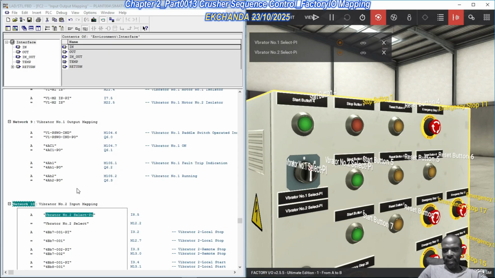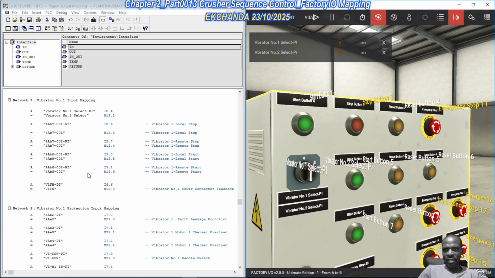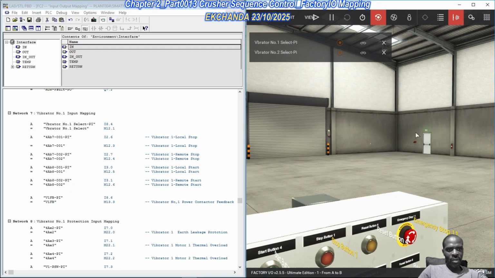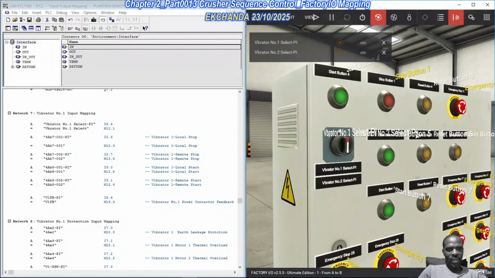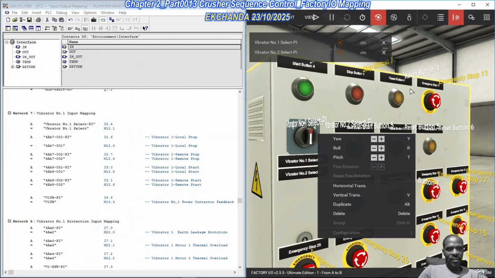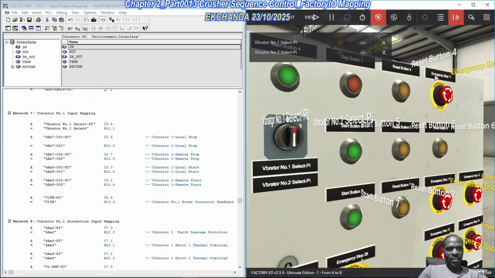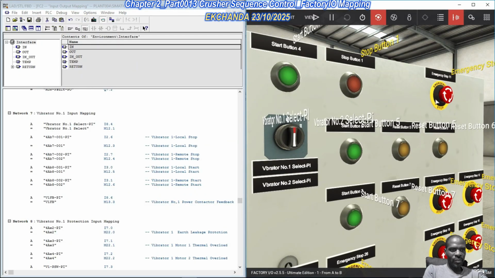Okay, and then thereafter we're talking about the local stop, remote stop, local start, remote start, okay, as normal inputs. So as inputs go on this panel for the vibrators, we don't need the reset push button, and in this first line we don't need the emergency push button.